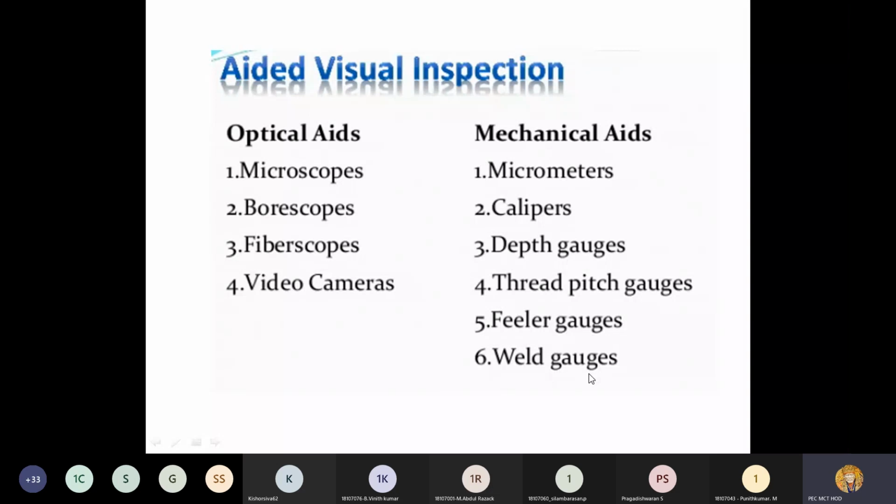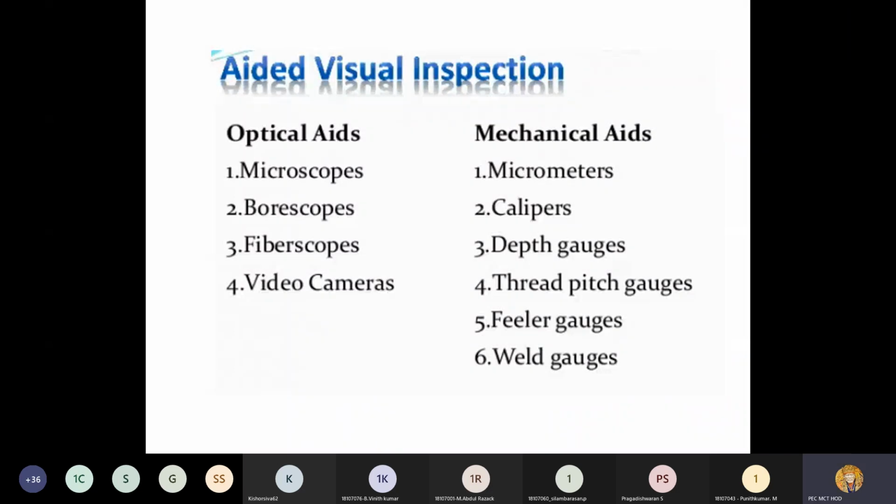Likewise, so many mechanical instruments are used to determine various surface defects, flaws, discontinuities or deformities. So these are the two types of tools used for visual inspection techniques.